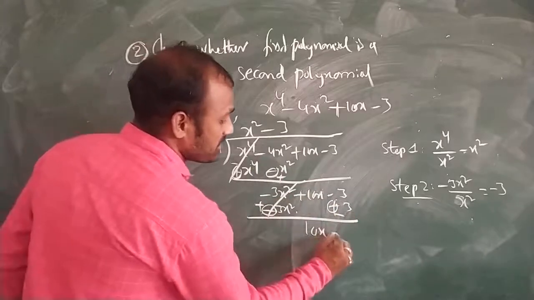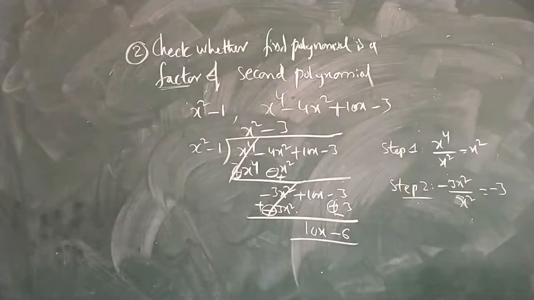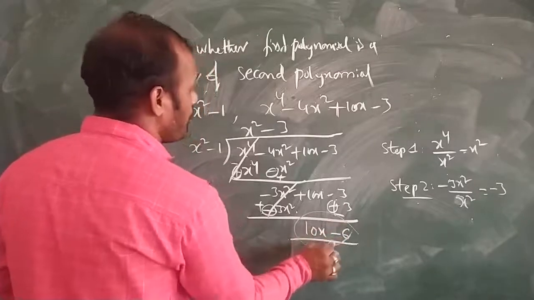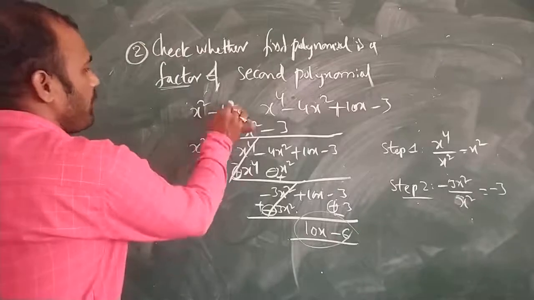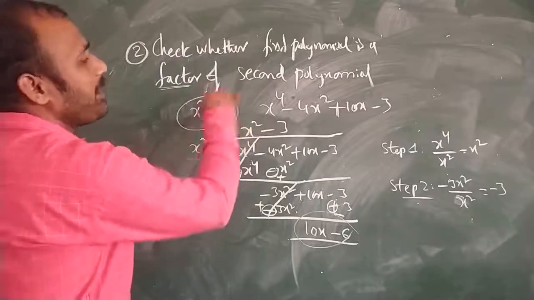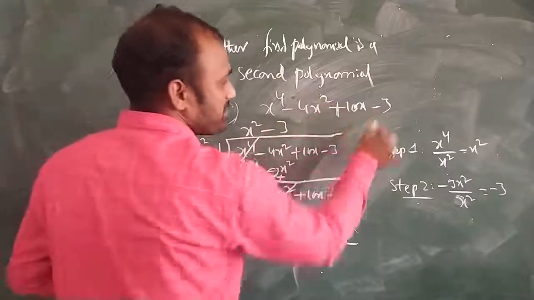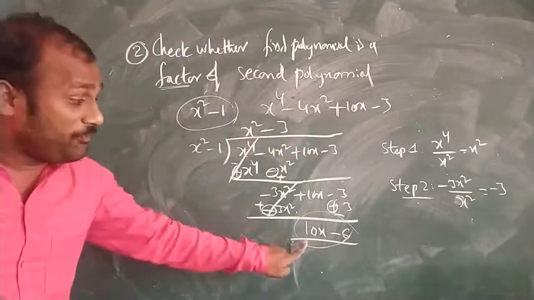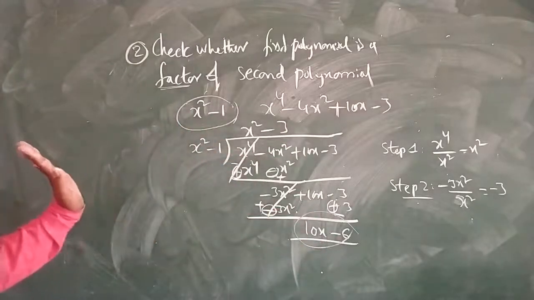I am getting a remainder, that is 10x minus 6. Since I am getting the remainder as 10x minus 6 and not 0, therefore x square minus 1 is not a factor of x to the power of 4 minus 4x square plus 10x minus 3. So I can call it a factor only if I get the remainder as 0. Otherwise, it is not a factor.